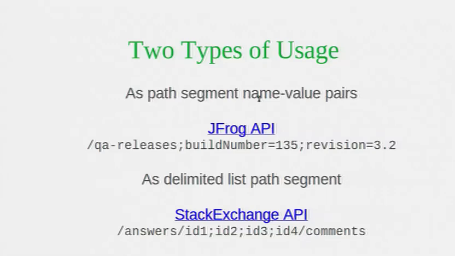Instead of name value pairs, these are just individual items. In this case, we just have a list of things. That's what we're trying to do with the semicolon. And for request mapping purposes, these are actually two very different things. Both of them have the semicolon in the URL, and we have to decide at some point which one of those two things you're trying to do in your application.